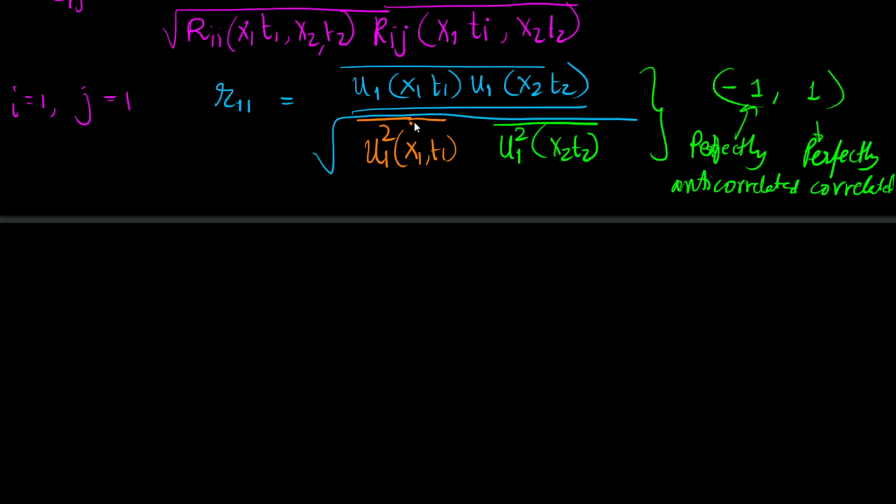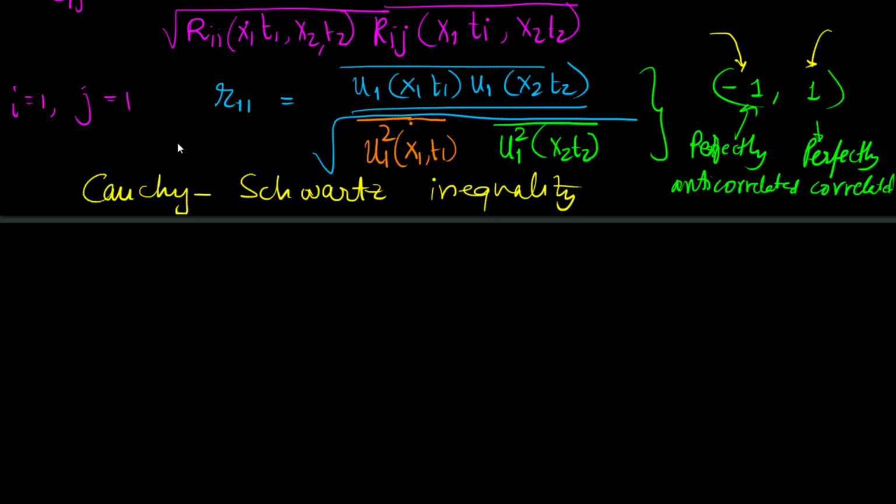And what assures you that this will be bounded between -1 and 1? There is a very famous theorem called the Cauchy-Schwarz inequality. And that assures us that R12 will be bounded between -1 and 1. So with this in mind, let us proceed.